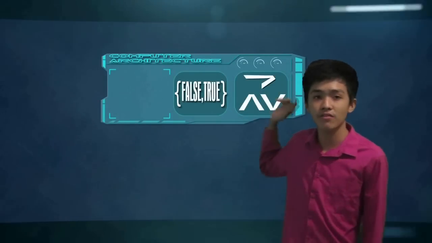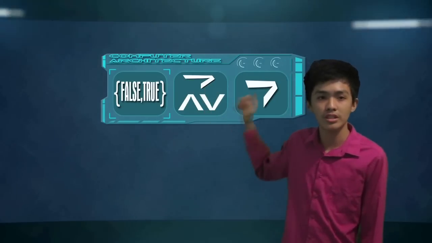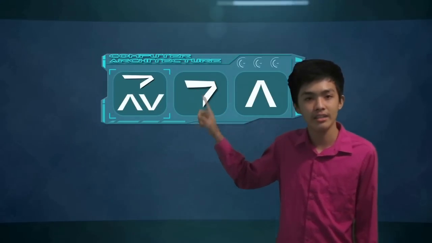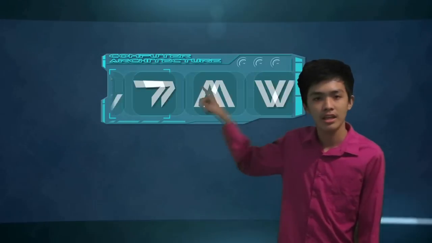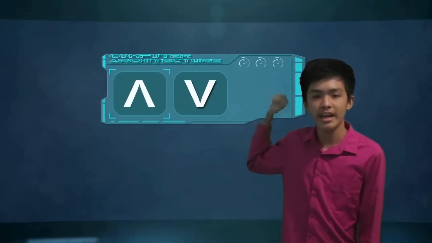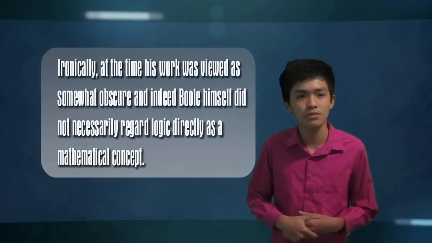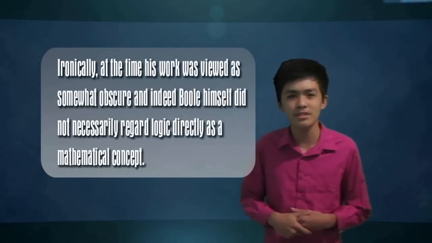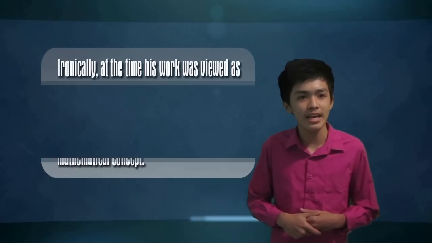One has a set of values, false and true, a list of operations, not, or, and, and a list of axioms that dictate how not, or, and work. Ironically, at that time his work was viewed as somewhat obscure, and indeed, Boole himself did not necessarily regard logic directly as a mathematical concept.